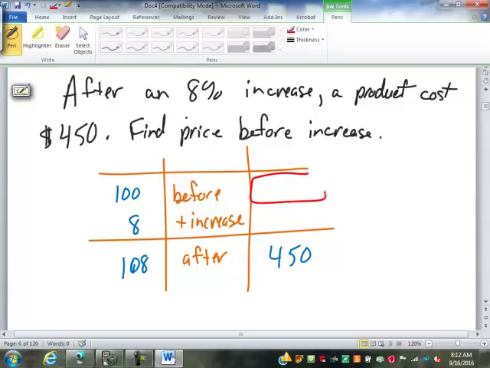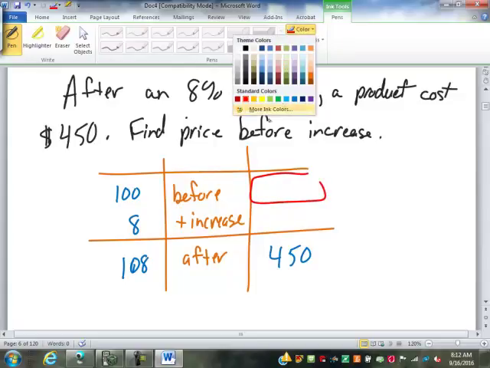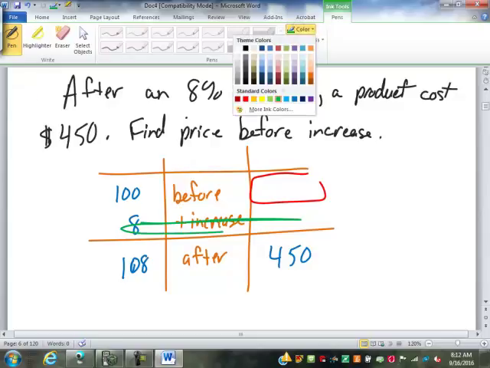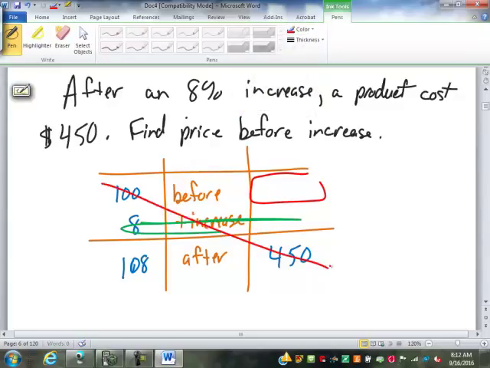We are looking for the price before, so I don't need this middle row. So it'll be 100 times 450 divided by 108, which comes out to be about $416.67.